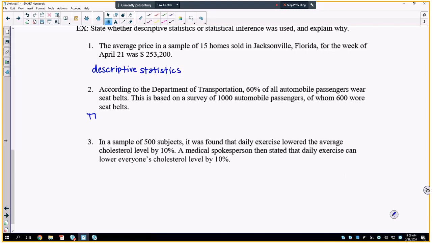This is inferential statistics because data from the sample of 1,000 automobiles is being used to describe the entire population.